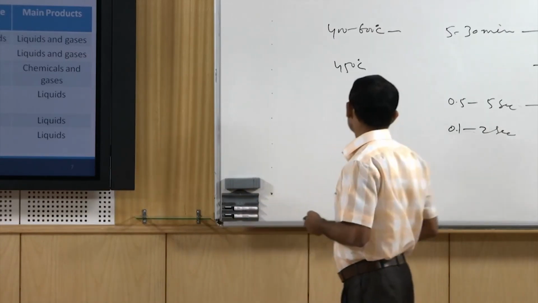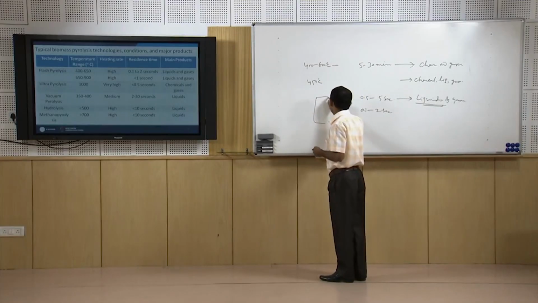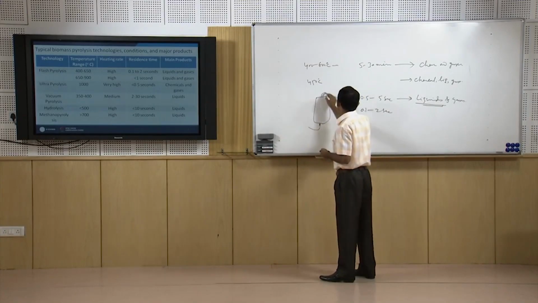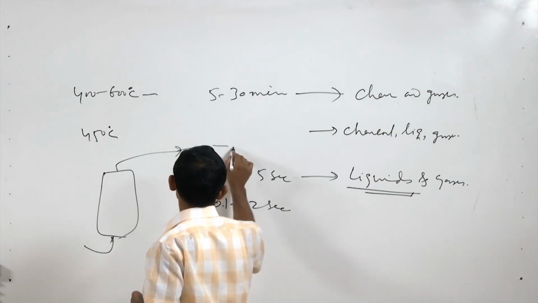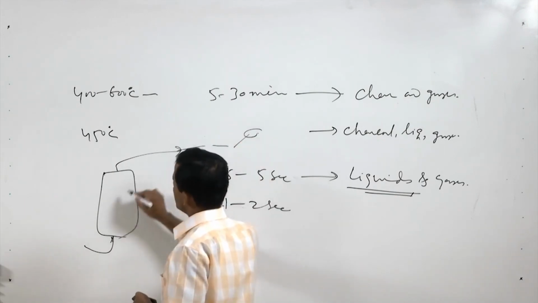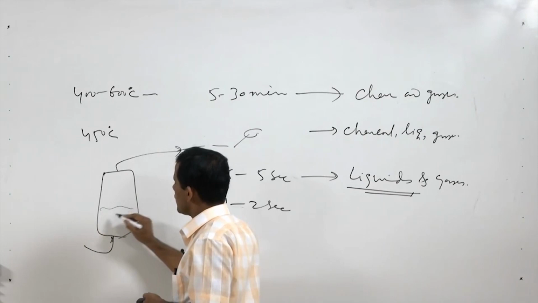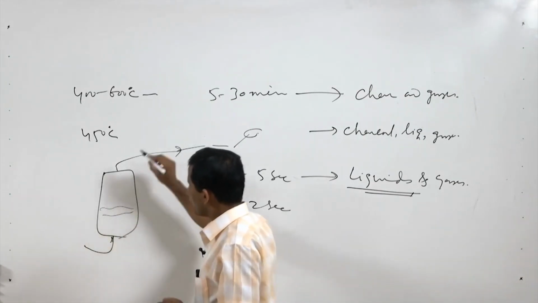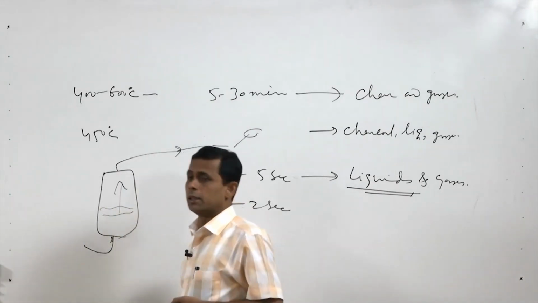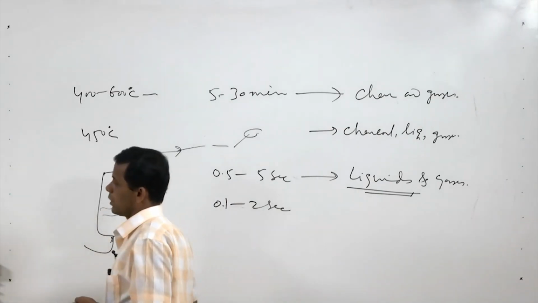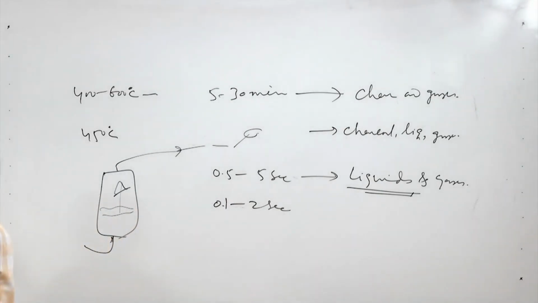Vacuum pyrolysis, as we were just discussing, has no nitrogen, but by adding a blower at this end, some vacuum can be generated. When vacuum is generated, more volatiles will come up into the vapor phase and it will give us more liquids.